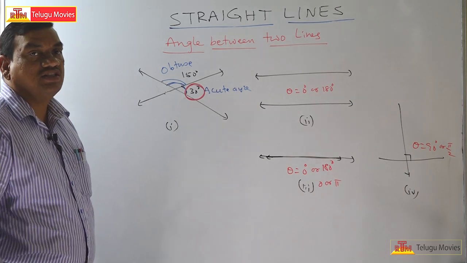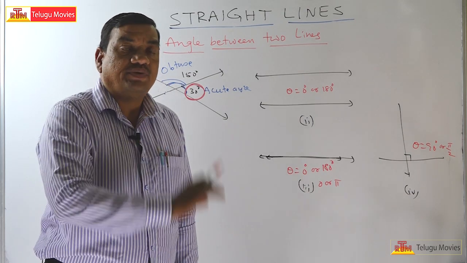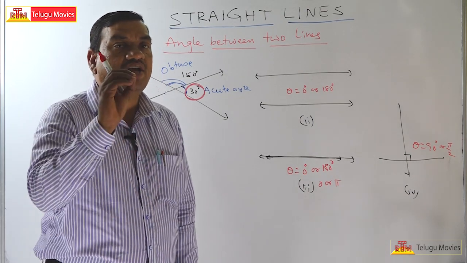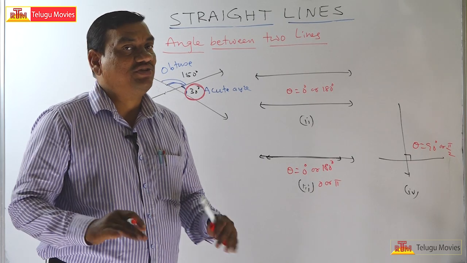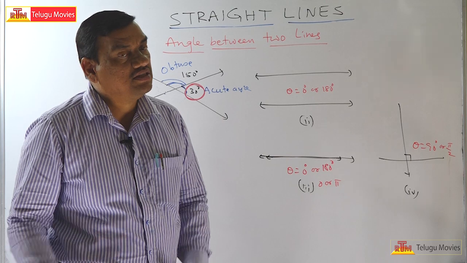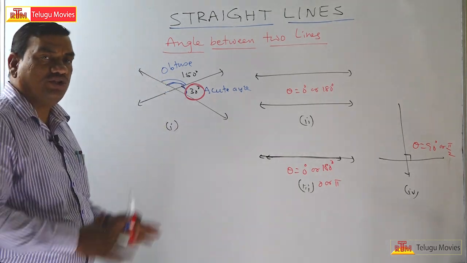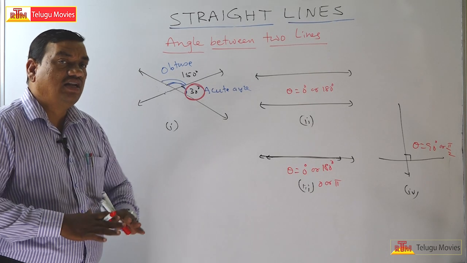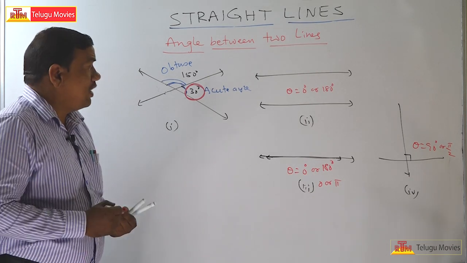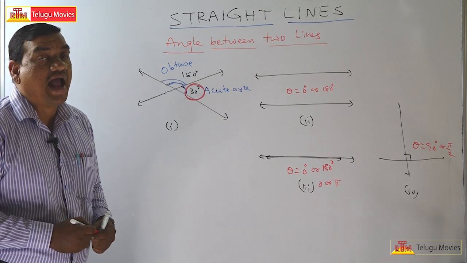Unless otherwise stated, the angle between two lines is always the acute angle. So, it is not the obtuse angle. This was taken as a universal acceptance.